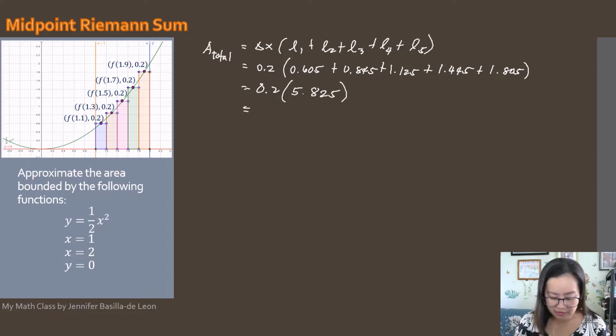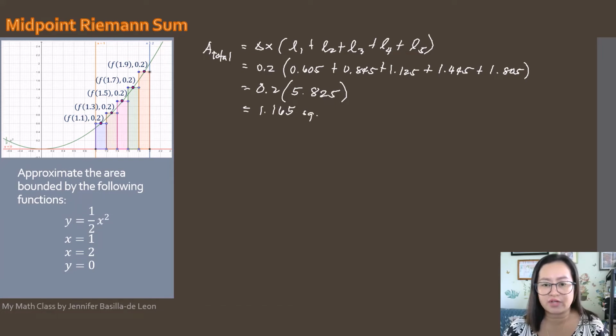Multiply it by the width, that is 0.2, we will get 1.165. Hence, the approximated area of the region using the midpoint Riemann sum formula is 1.165 square units.